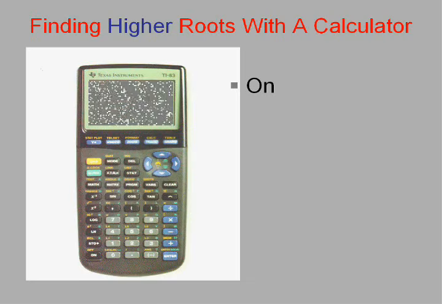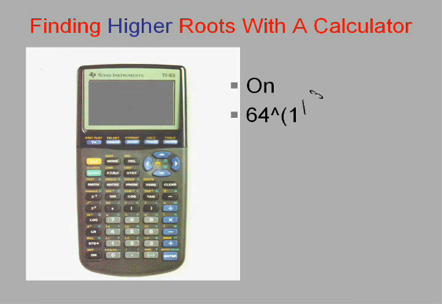If you turn that baby on, and you put in 64 to the 1/3 power with parentheses around the exponent, what is 64 to the 1/3 power? Well, it's the cube root of 64, isn't it? If you hit enter, you get the 4.